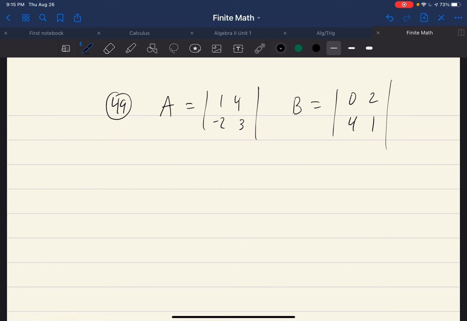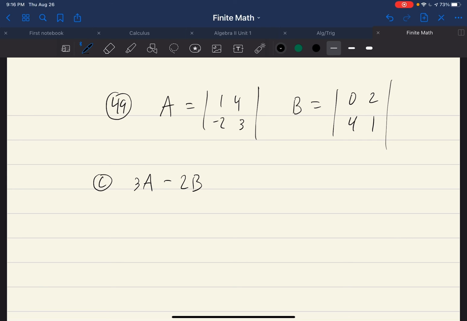But if you had something like this, this is actually part C, and it's 3A minus 2B. So you have to follow the order of operations. No matter what math you're doing, you always have to follow the order of operations. So you're going to do 3 times the A matrix, 2 times the B matrix, and then you're going to subtract the two of them.